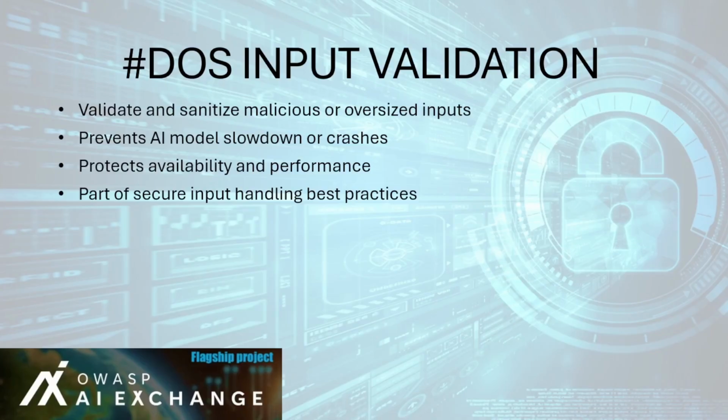Best practices are to use strict input size limits, data sanitization, and schema validation. Reject or correct abnormal inputs before processing. Robust input validation protects AI systems from resource exhaustion and keeps services responsive and secure.